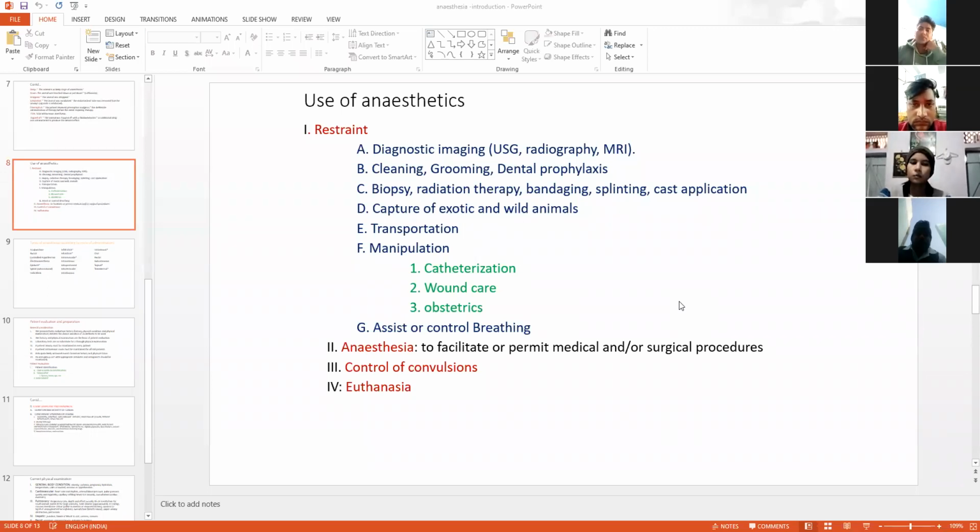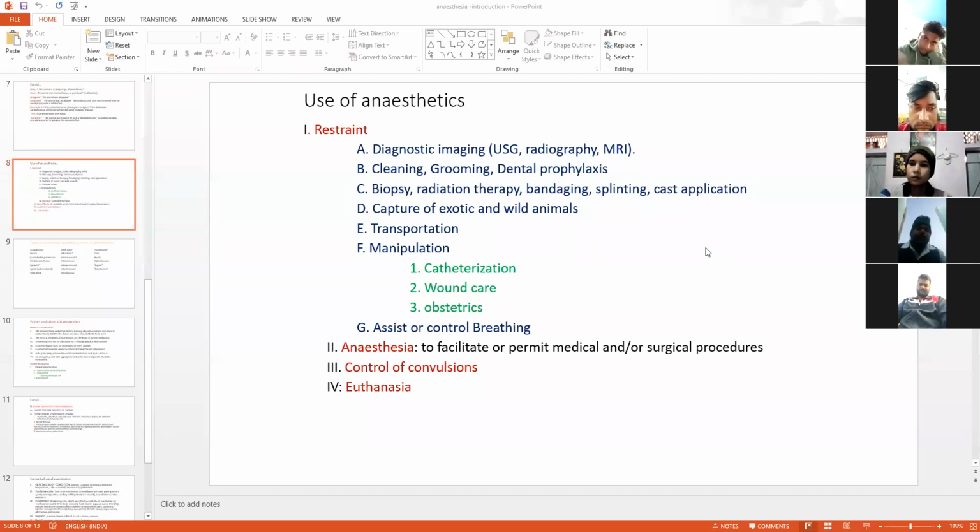Phenytoin is also a drug, but in the case of dogs, diazepam is the drug of choice to control convulsions. So many anesthetic drugs are used for this. Even sometimes propofol and thiobarbiturates are required to control convulsions.